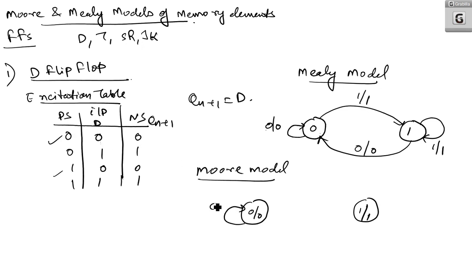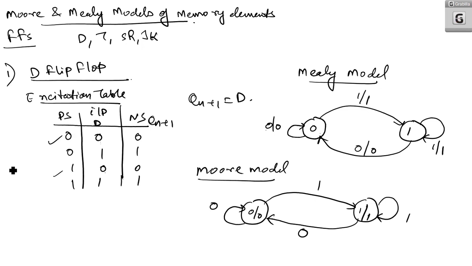Whereas if it is 1, it will go to this state. Now when the state is 1 and the input is 0, it will come back to 0. Whereas if the input is 1, it will remain there itself. That is the Moore model.